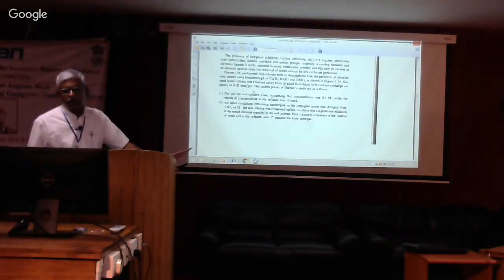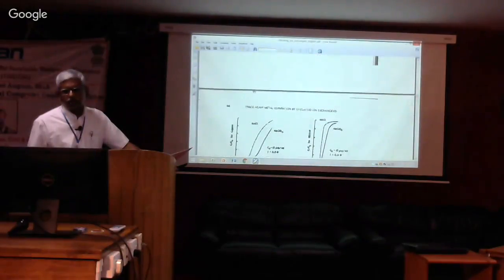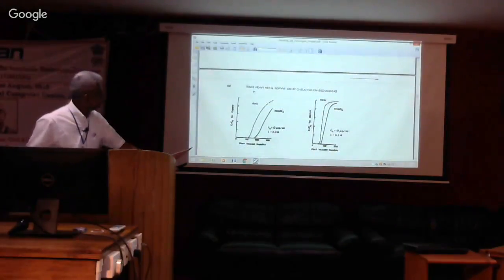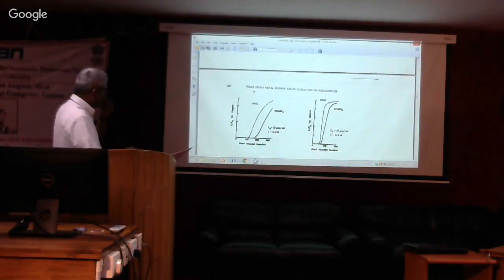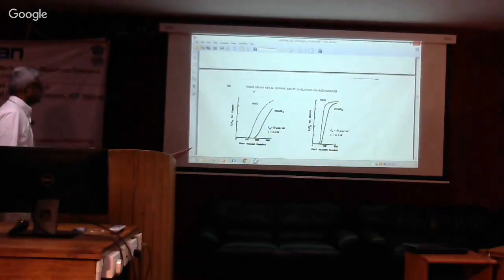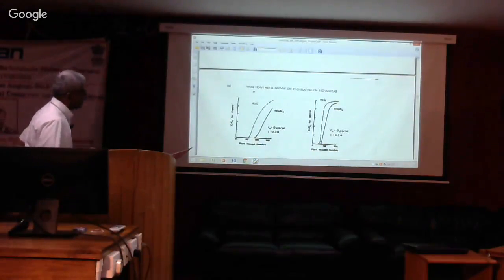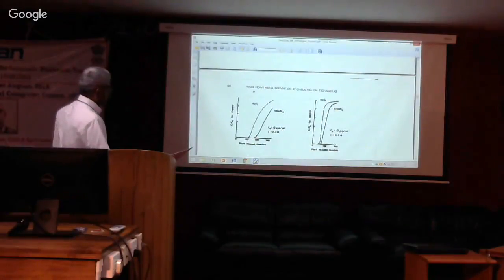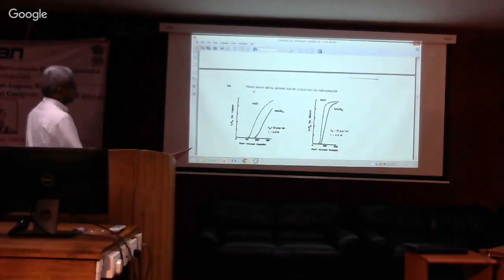So I'll just show you one set of curves. We are trying to remove copper, okay? We load our resin and pass the solution, and whenever it breaks through, that's where it is exhausted.